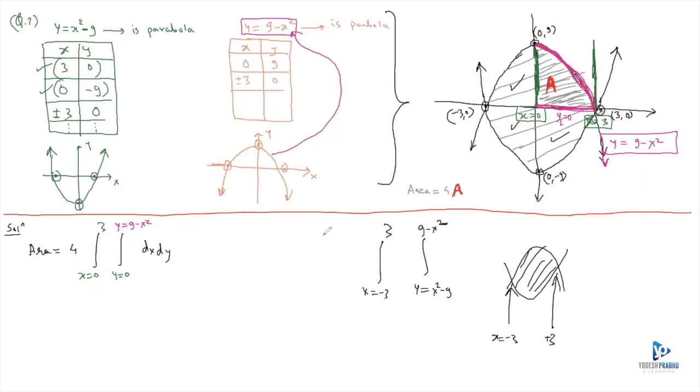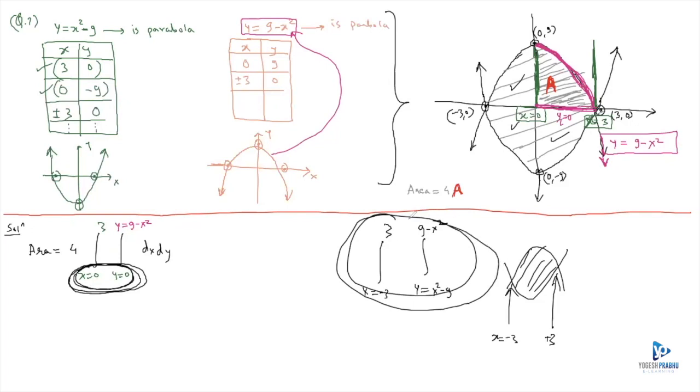But having these limits from 0 helps a lot while substituting the lower limits. This and this will give you the same answer.